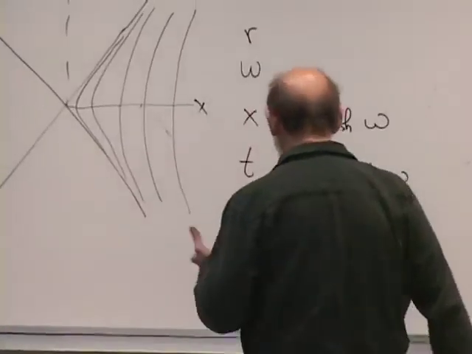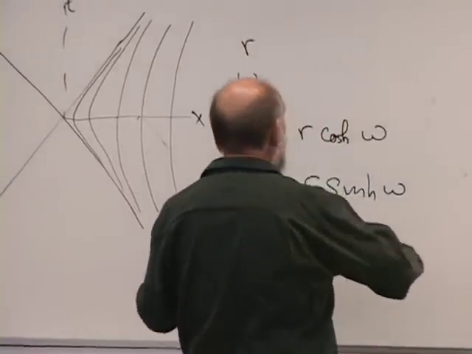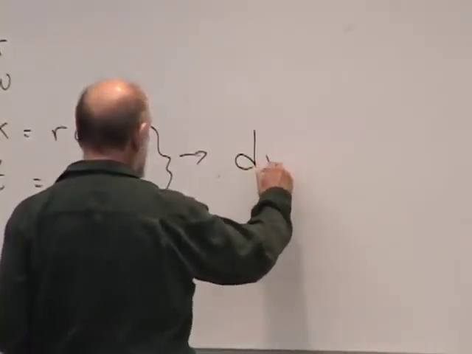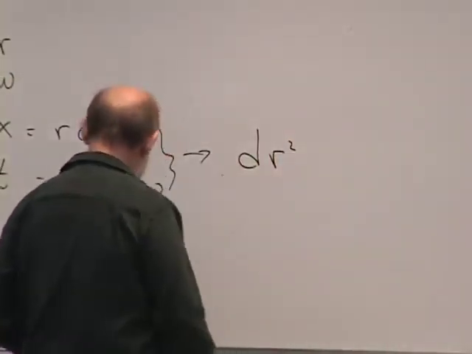Likewise, the metric over here just becomes minus dr squared. Well, let's be careful, signs are important.